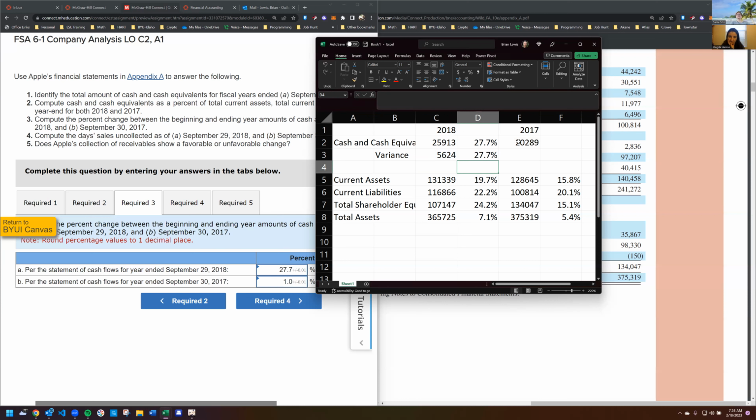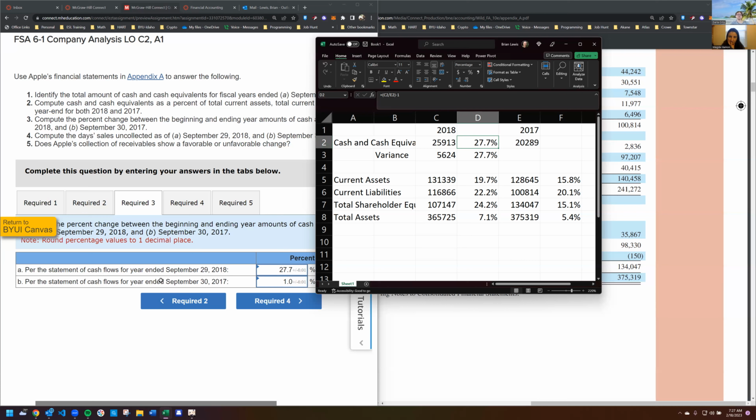So either way, I get to the same number, but I prefer this one because you don't have to actually calculate a variance. You just calculate a percentage-wise difference and you subtract the 1. So either way works for me, or for the solution.